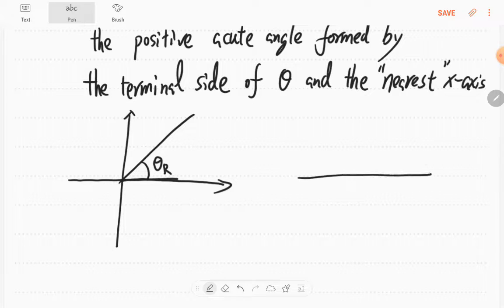If the terminal side is in the second quadrant, this is the terminal side. What is the reference angle? It is formed by the terminal side and the nearest x-axis. So the nearest x-axis is what? It is the negative x-axis. So this is our reference angle.